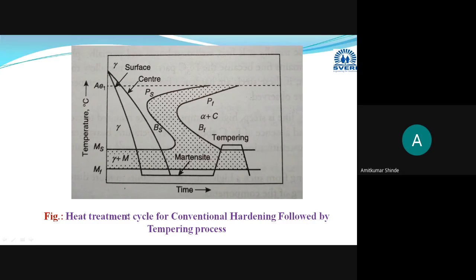The component after martensite transformation is again heated in a temperature zone of 100 to 200 degrees Celsius for 1 or 2 hours, and again it is cooled to room temperature, so that whichever internal stresses were created in this component due to the sharp fall in temperature will get eliminated during this tempering. Okay, so this is the conventional hardening process.